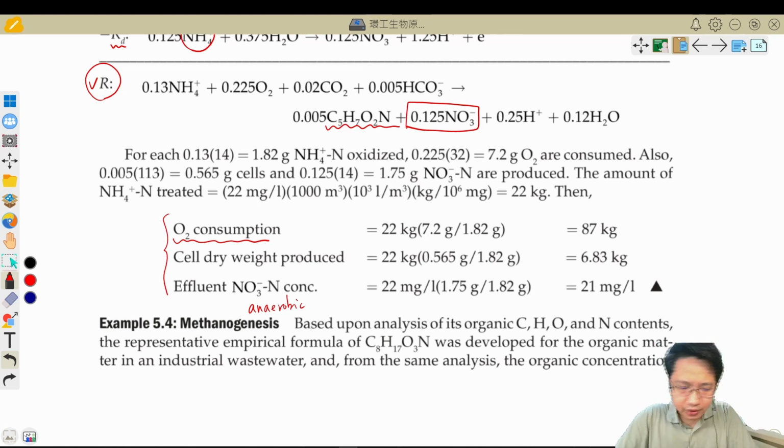So here the example shows that if you have an organic wastewater or industrial wastewater with a representative empirical formula of C9H17O3N, because you don't have a very standard or unique chemical formula for industrial wastewater, they use one empirical formula to represent it.